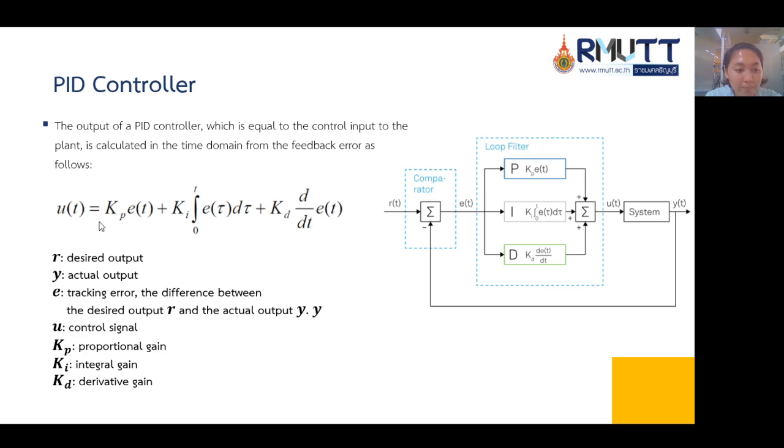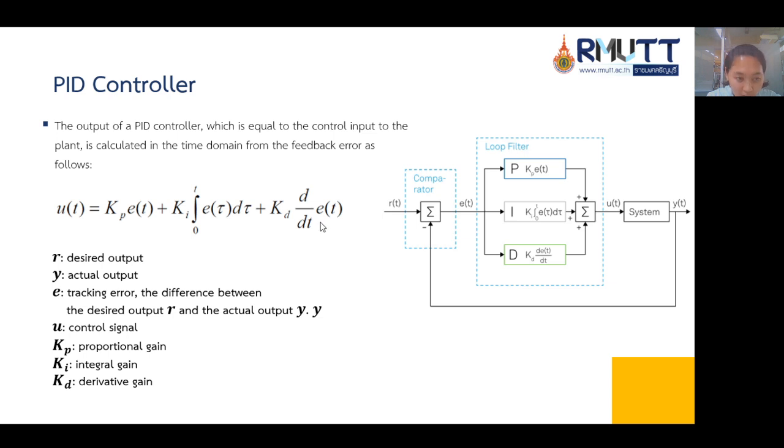The control signal, or output of the controller at time t, is equal to the proportional gain times the error at time t, plus the integral gain times the integral of the error over time, plus the derivative gain times the rate of change of the error.